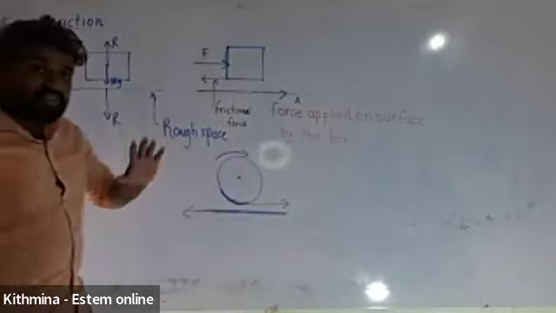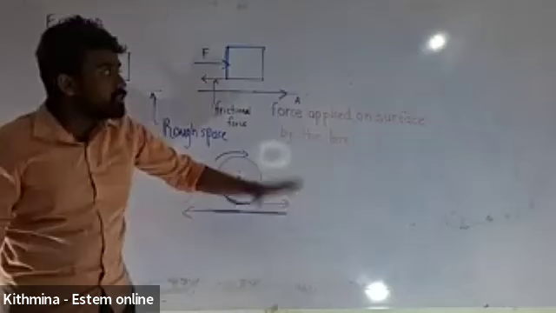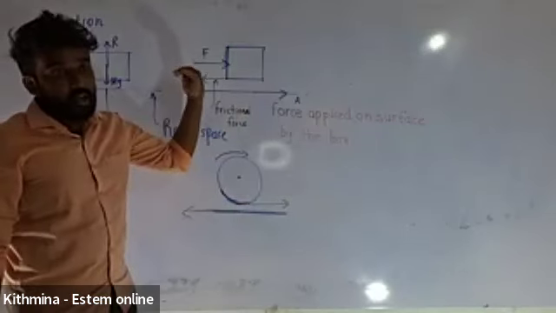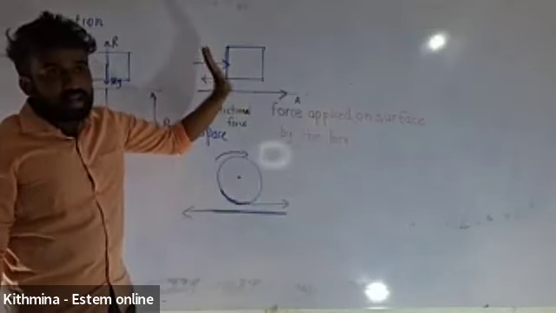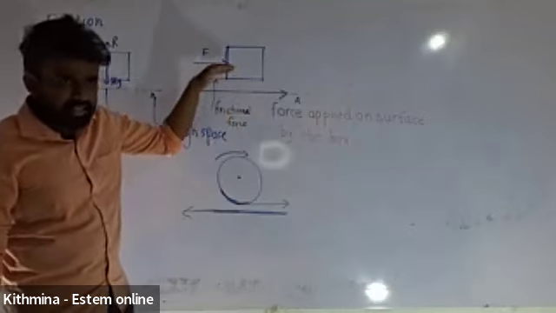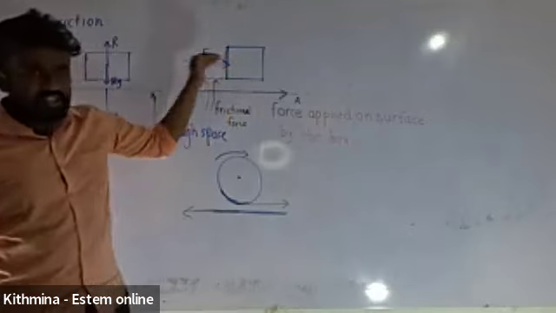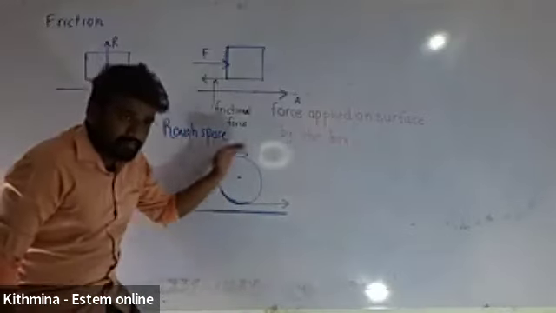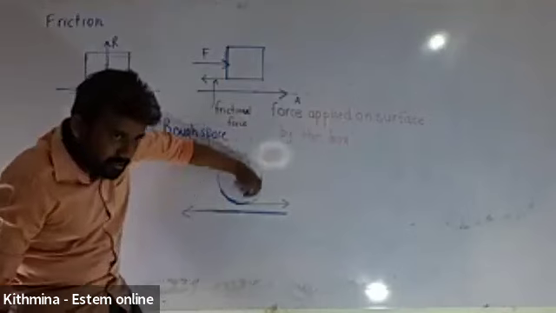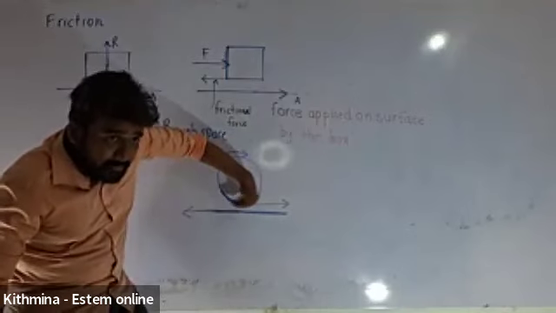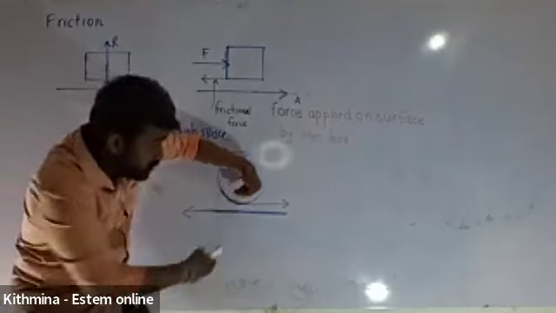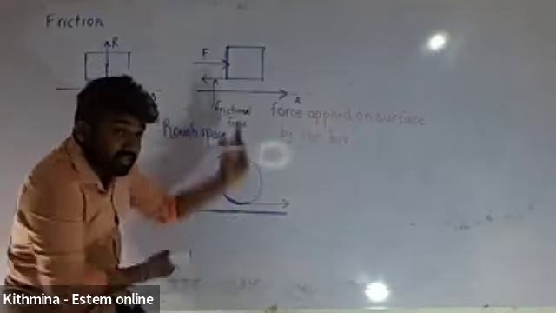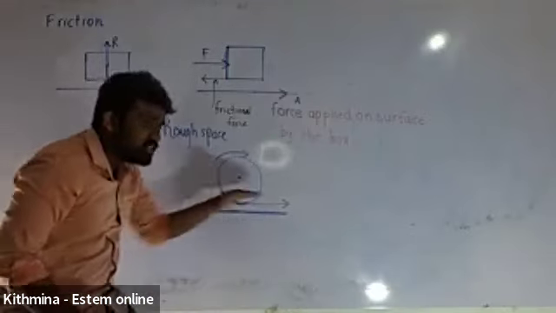So frictional force does not always act in the opposite direction. In here, frictional force is acting in the opposite direction. But in a wheel, this point is applying force on the ground in this direction, then the ground applies the force in this direction.